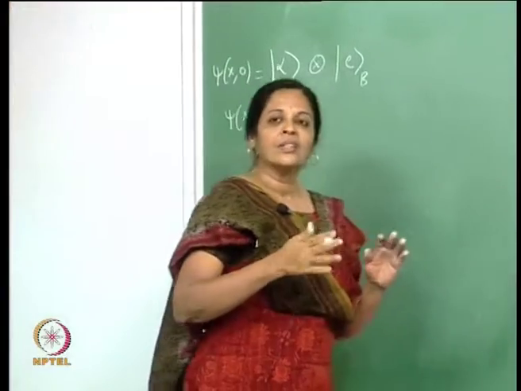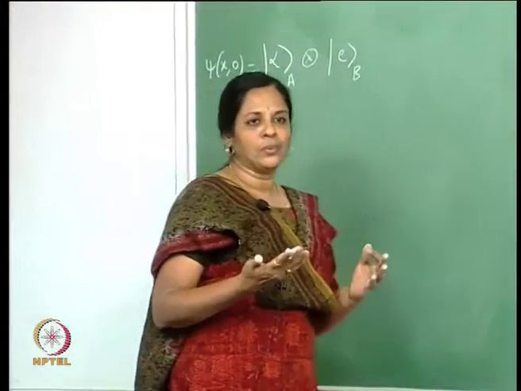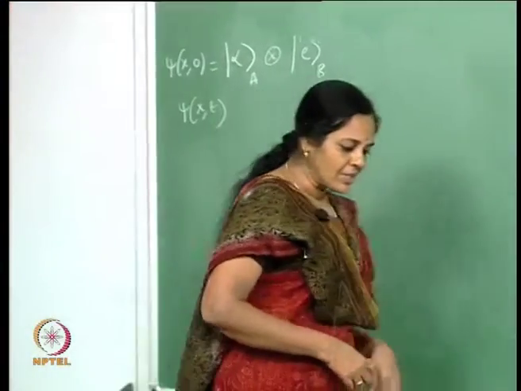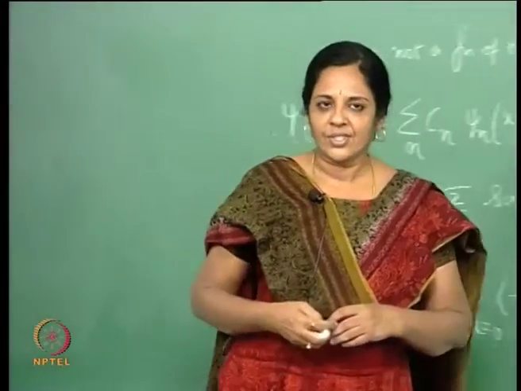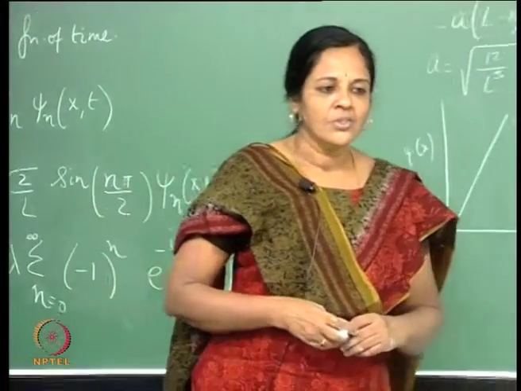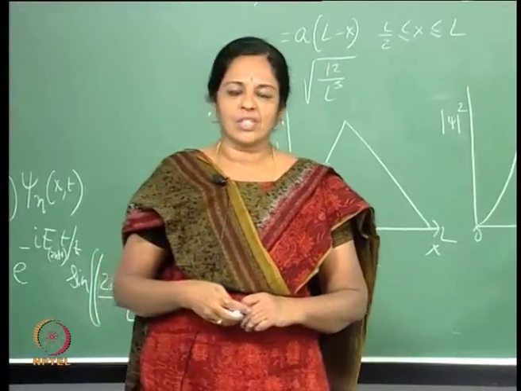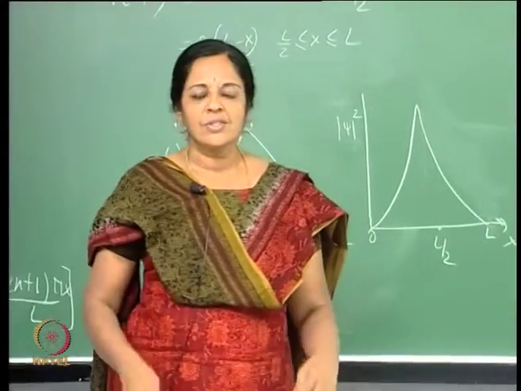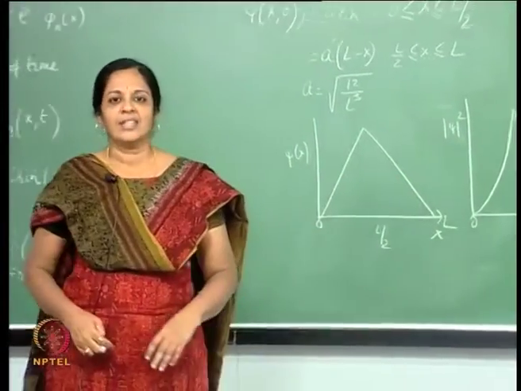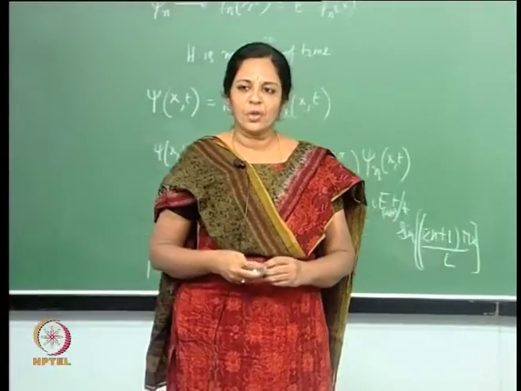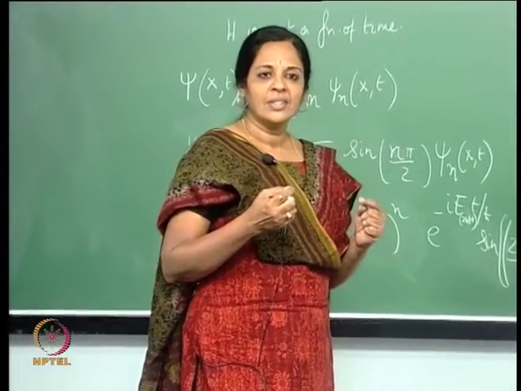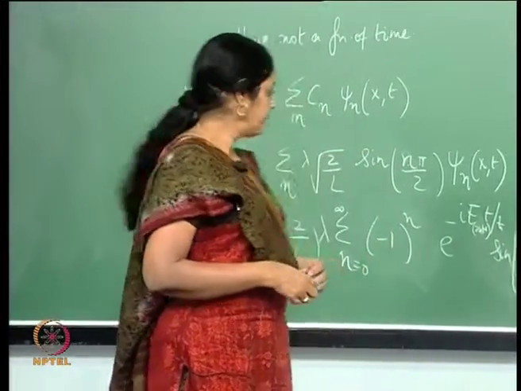In other words, you may not be, and in general you will not be able to write psi of xt as a factored product of the atom state and the light state, the radiation field state. So, these are the kind of problems that we will consider subsequently, but to begin with, since we know the particle in a box problem, it is good to look at this, and since we know the harmonic oscillator problem, it is good to look at the coherent state of the oscillator and see how it evolves in time.